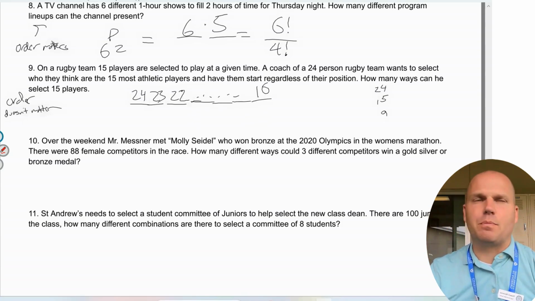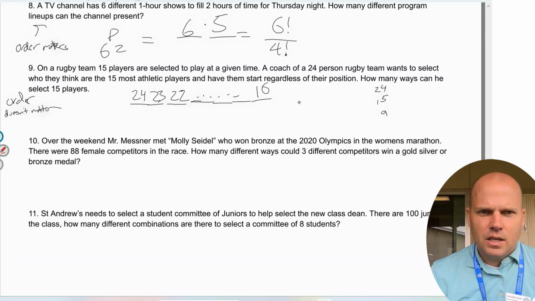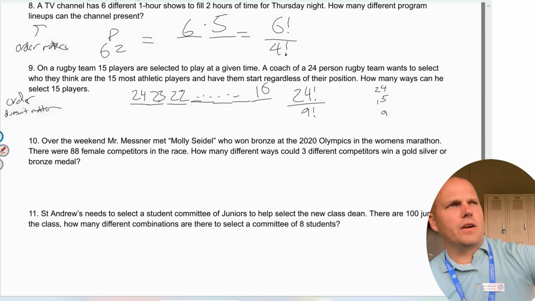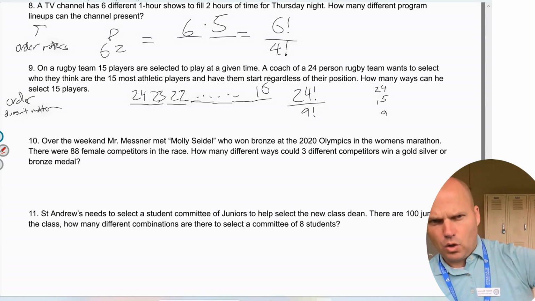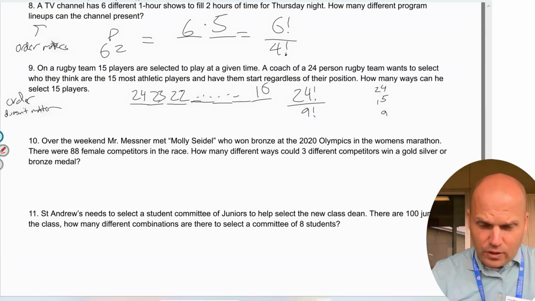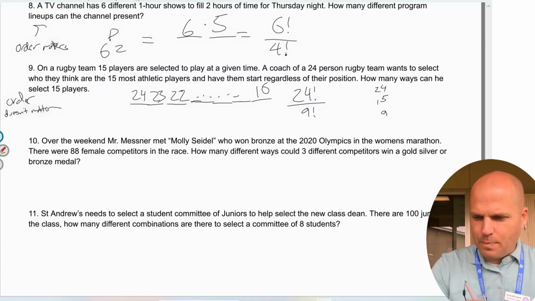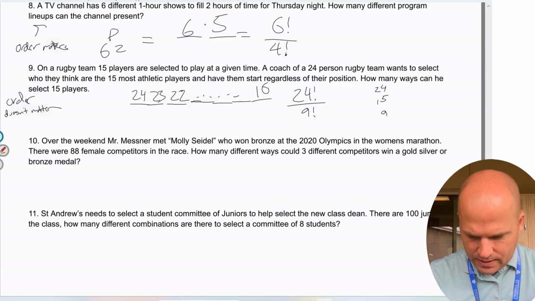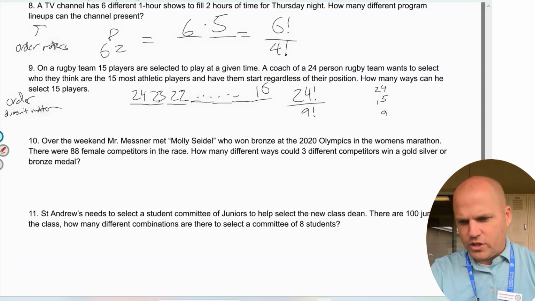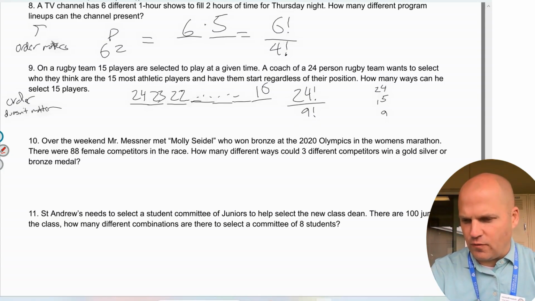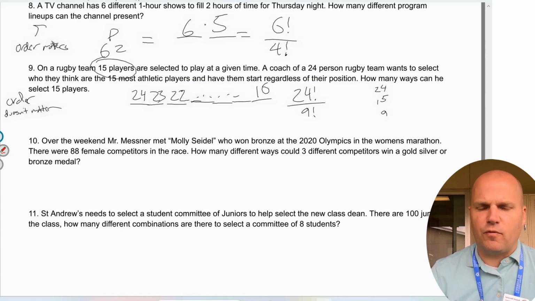So that's picking 15 players, which means I have that 24 factorial, but I have 9 players that are not going to be selected. Cool. However, when I pick a group of 15, and if you pick them a different way, we don't want to count all those different ways. How many different ways are there to select a group of 15 players?